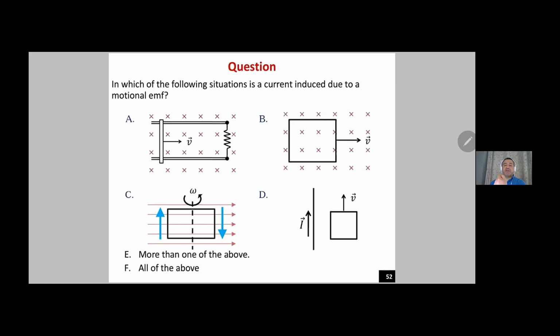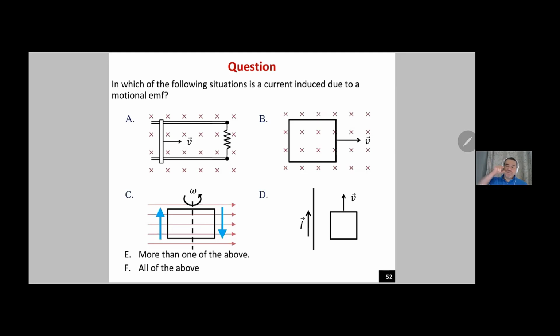Why? Because the decrease is happening out of the screen. The opposing magnetic field will go into the screen trying to compensate for this loss. It will resist any change to this magnetic field.